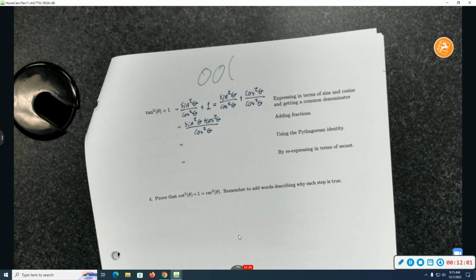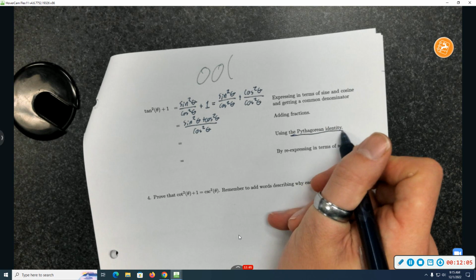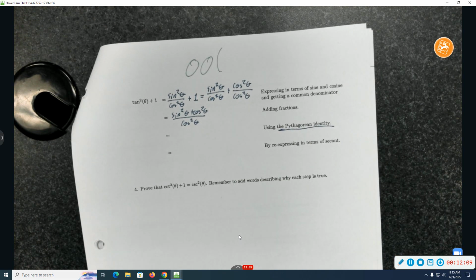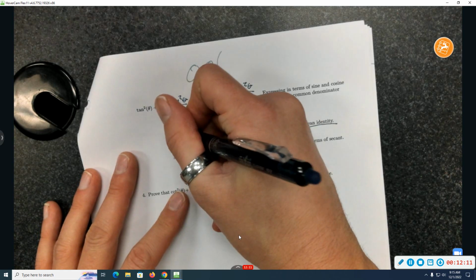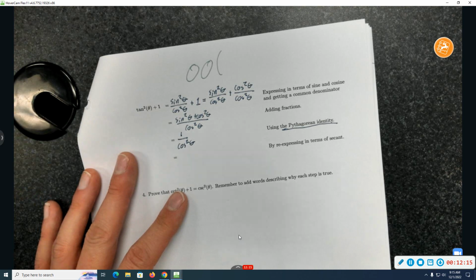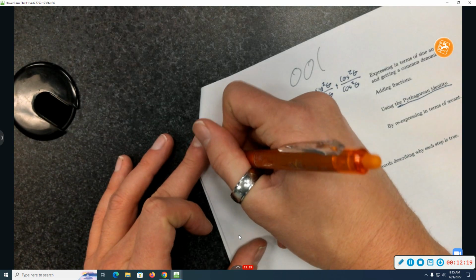Yeah, sine squared plus cosine squared is always 1. And that's because of the Pythagorean identity. So the Pythagorean identity says sine squared plus cosine squared is always 1. So here's the point that this one's trying to get across.